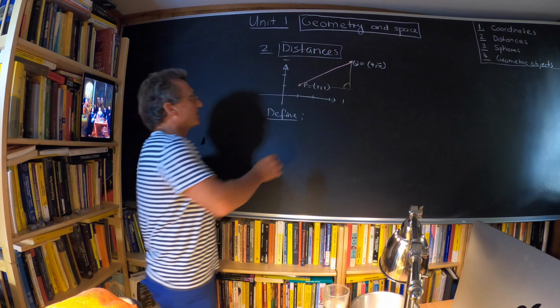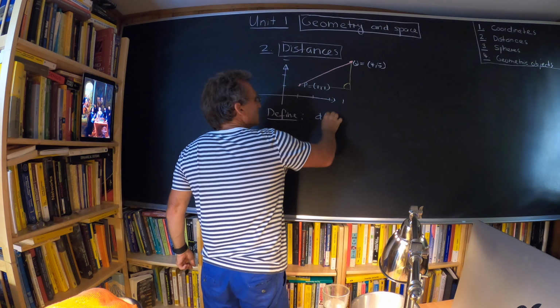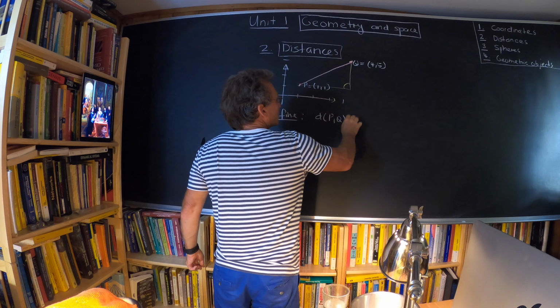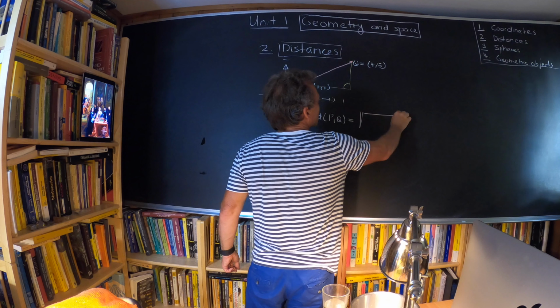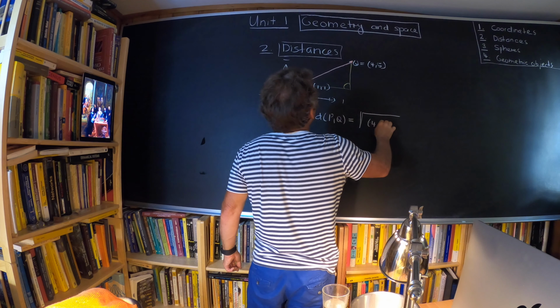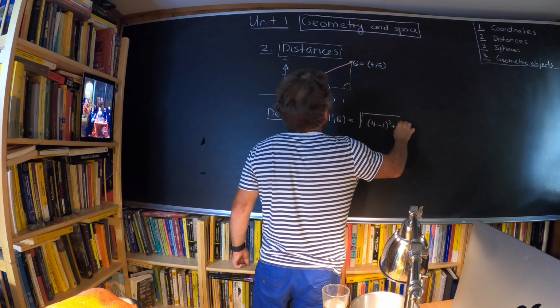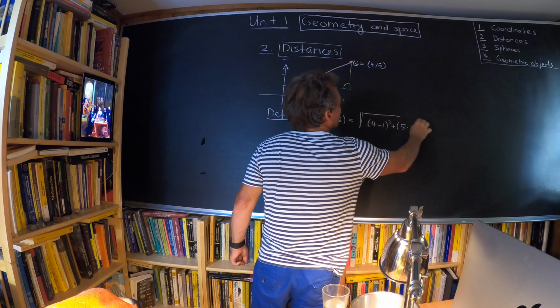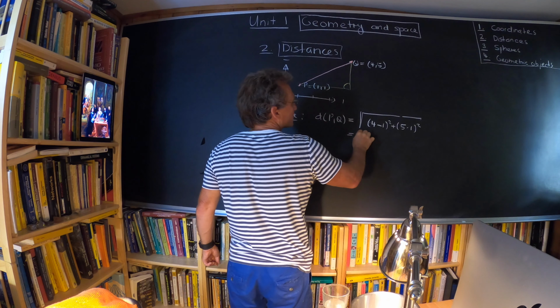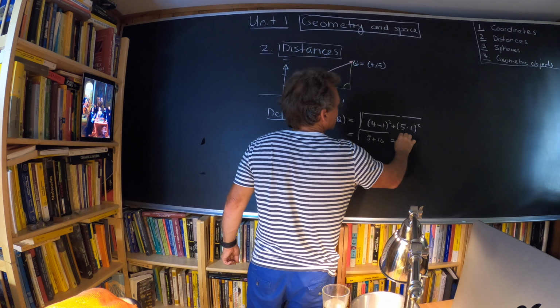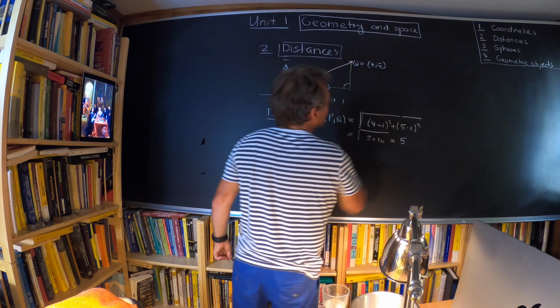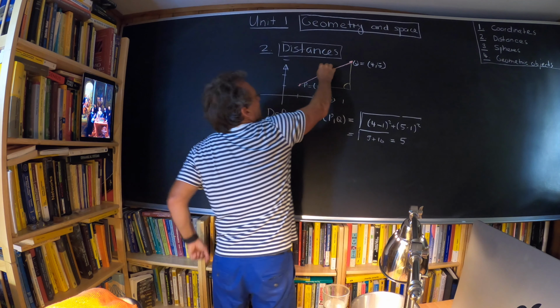So we define the distance between P and Q just as the square root of the sum of the squares of the differences. So we take (4 minus 1) squared plus (5 minus 1) squared. In this case, this is the square root of 9 plus 16, which is the square root of 25, which is equal to 5. So this distance is 5.